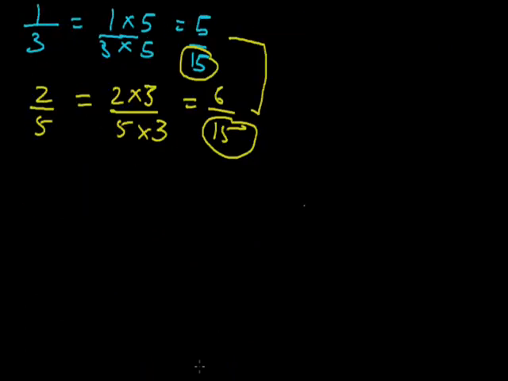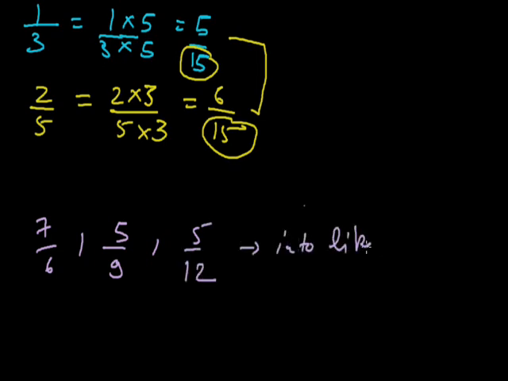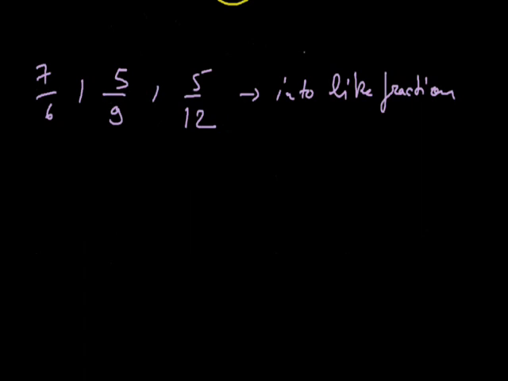Similarly, if you have to convert three fractions, for example, 7 by 6, 5 by 9 and 5 by 12, into like fractions, then first of all we will find the LCM of 6, 9 and 12. That will be equal to 36.